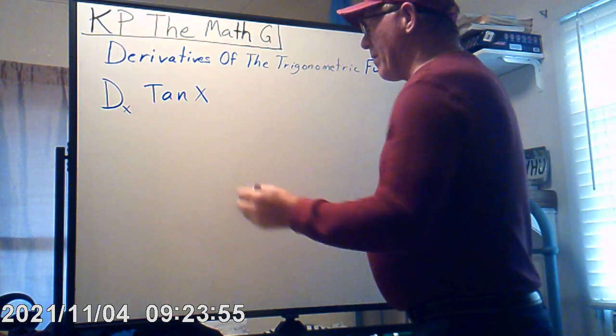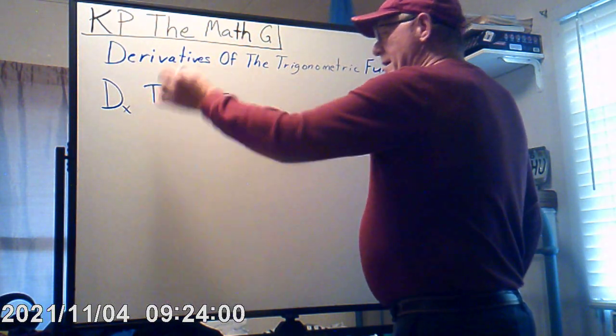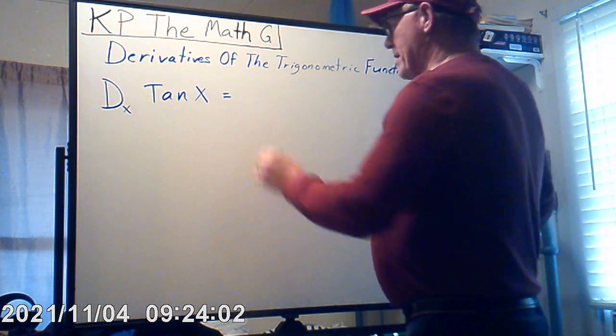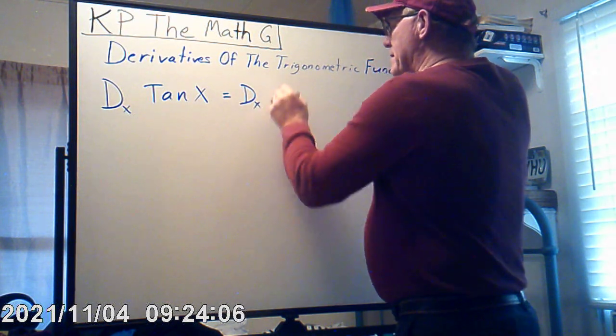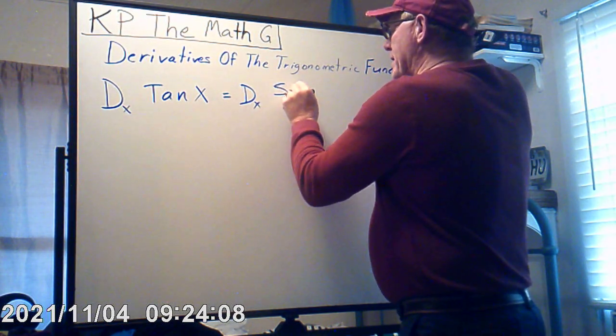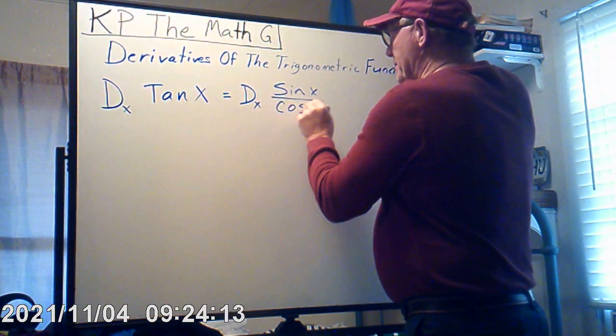If you recall, there's an identity for tangent from the pre-calculus days. You would know that that is sine over cosine.